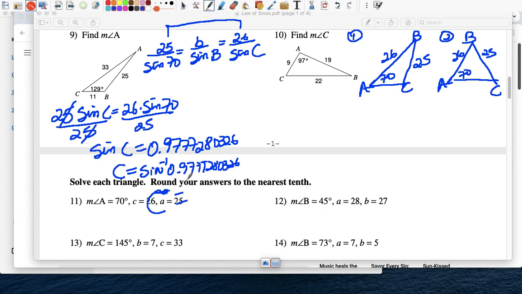Angle C is 77.76 degrees. So I can come over here and write 77.76. I'll erase that and write 77.76 over here as well.